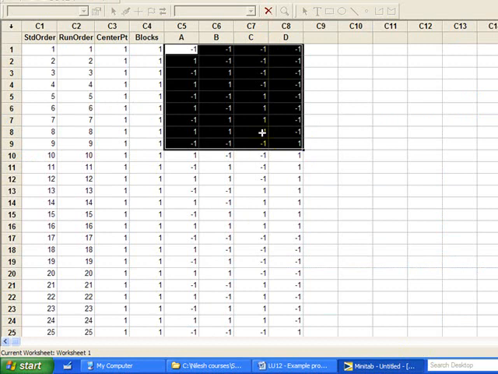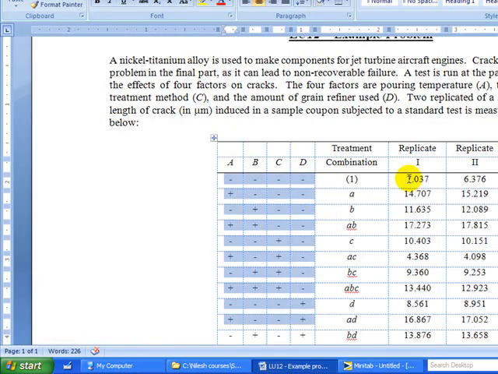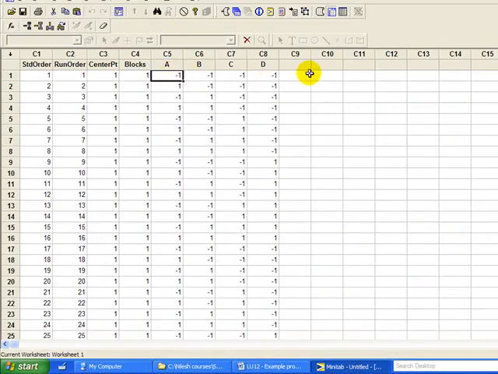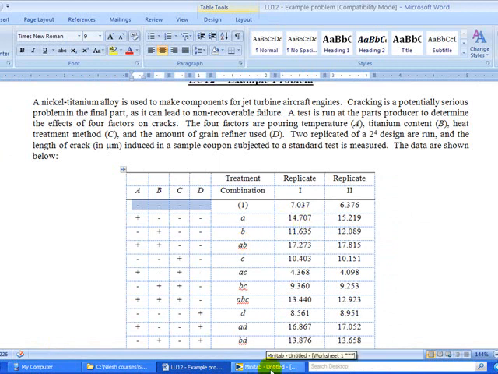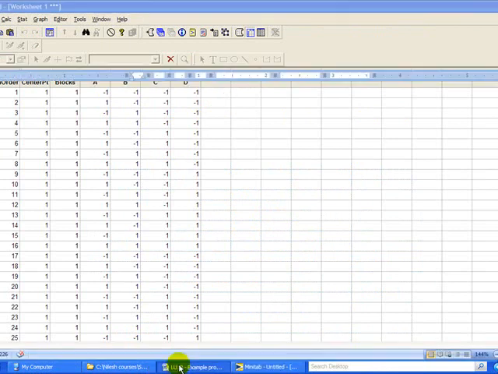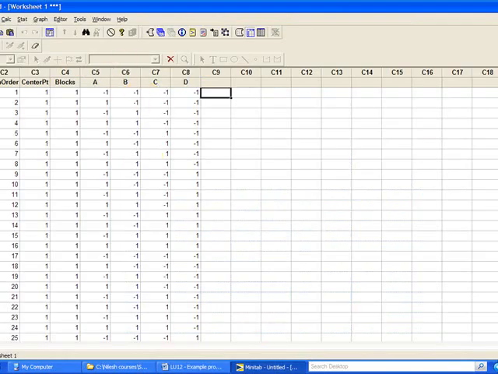If the sequence is different, then it doesn't matter, but you have to match the combination when you enter this particular reading. You have to match this combination with the combination here, and then enter the reading in front of that, right? Otherwise the whole idea of entering the data correctly will not work. You have to make sure that your values are matching up to the right combination of factor levels.